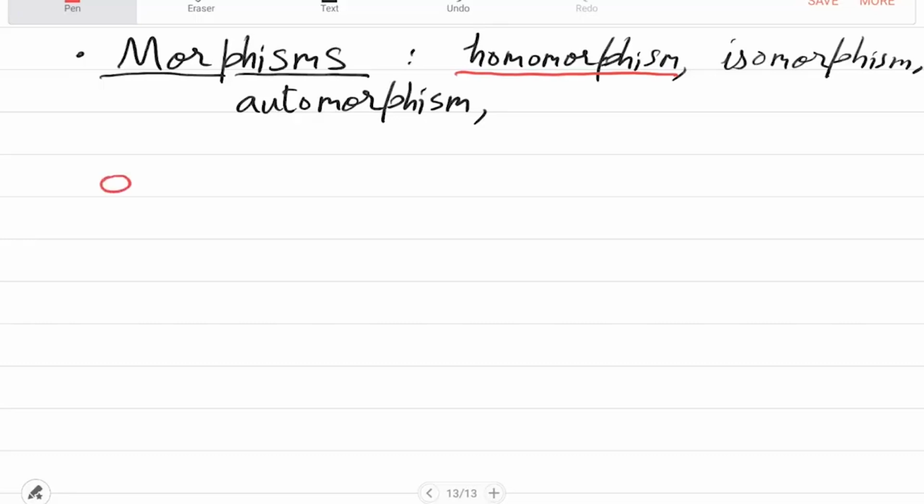So phi is a homomorphism from a ring R1 with its operations to another ring R2 with possibly very different operations. So at the level of sets, it will be a map from set R1 to set R2, and at the level of rings, it has to now preserve the structure.